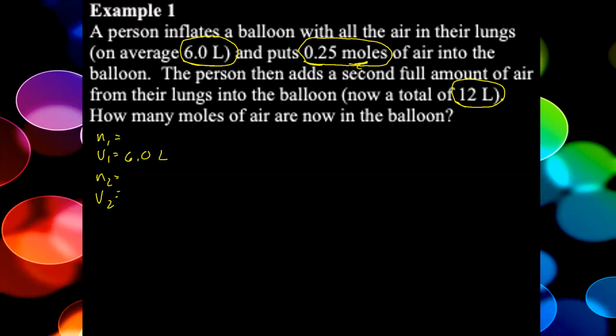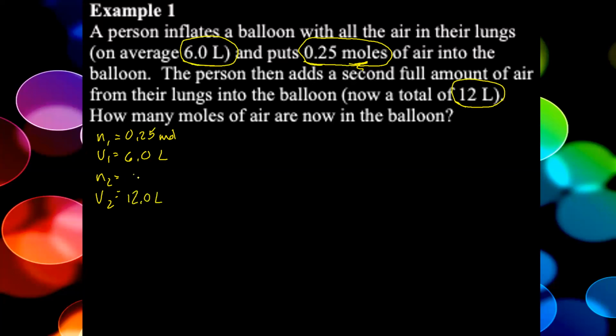And then I see moles. Well, moles should be moles. I don't know how else to explain that to you. I would abbreviate moles as mol. You don't have to abbreviate it, I won't care. And now I'm told we have 12 liters. What would liters again be good for measuring? A volume, right? So that's my V2.